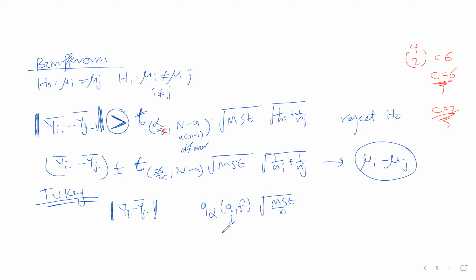What is A? This is the number of treatments. What is f? It is the degrees of freedom for error, which is big N minus A. So he said, if this absolute value is greater than this value, you reject H0.